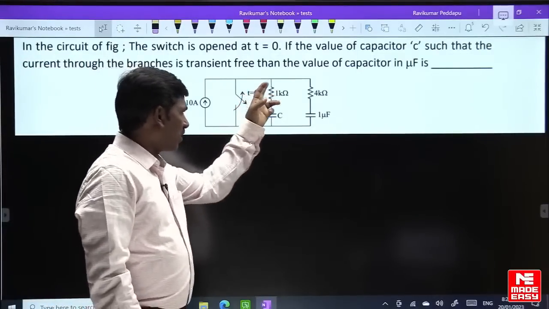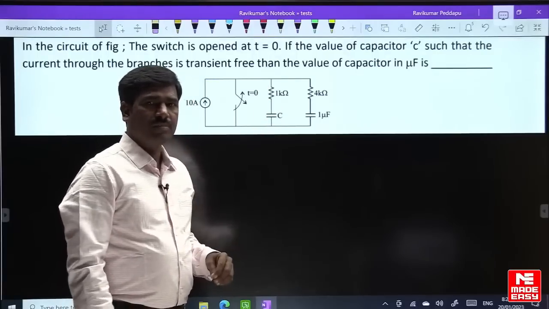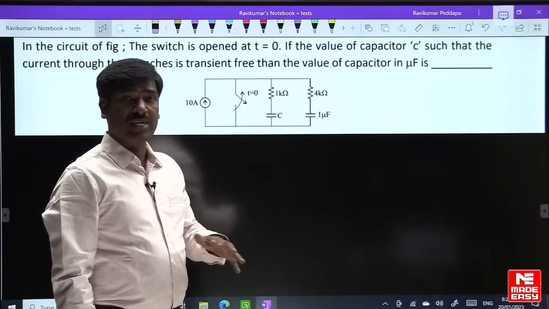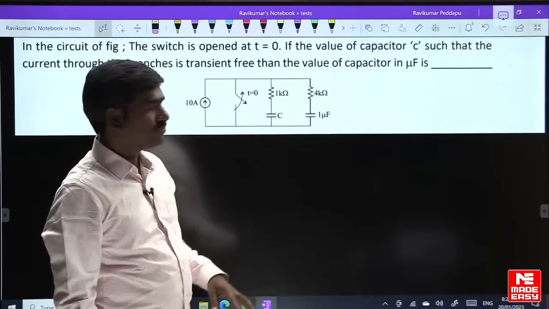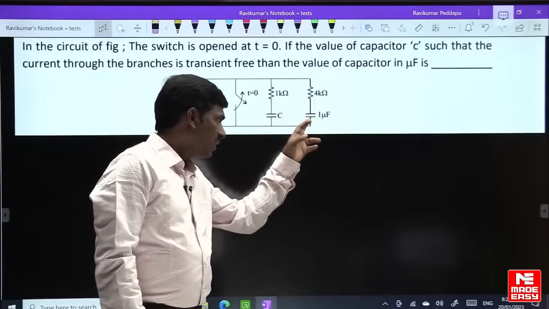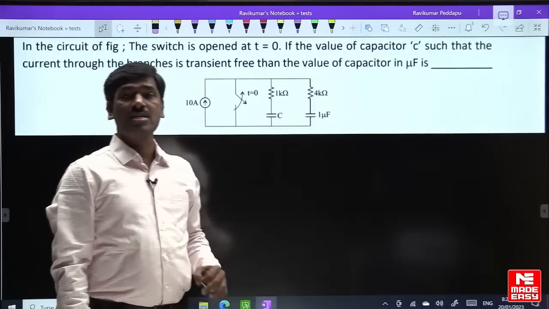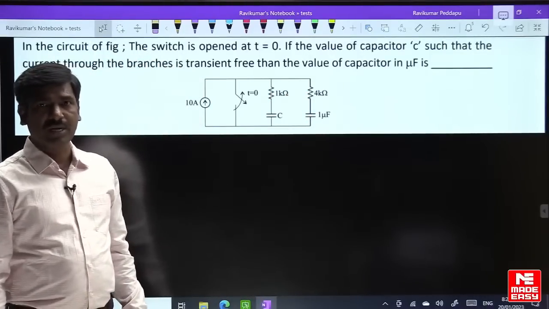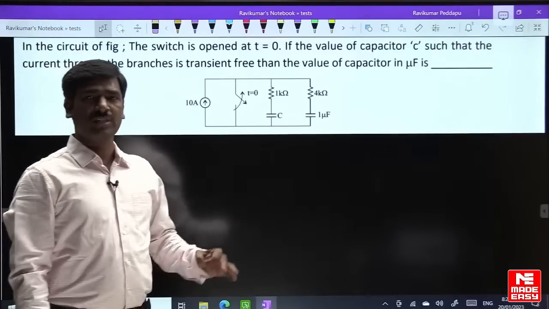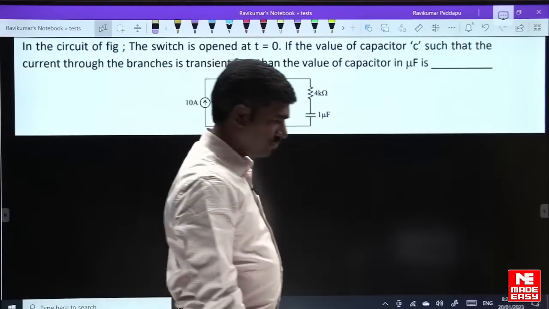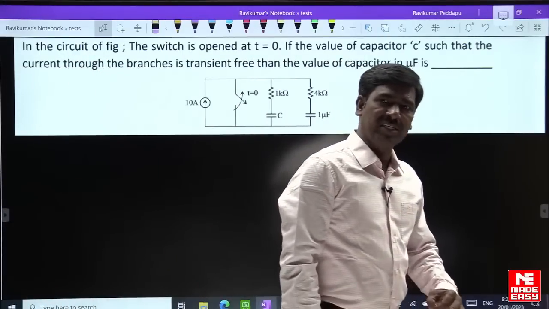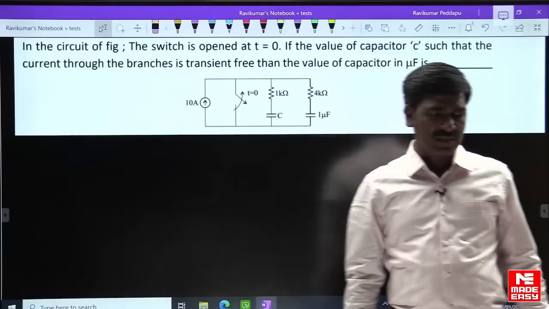The current flowing through the 1 kilo ohm is transient free. There are no transients, it directly reaches the steady state. The current flowing through this branch is also transient free. That means within 0 seconds it reaches the steady state. There is no e power minus t by tau term. So what is the answer?